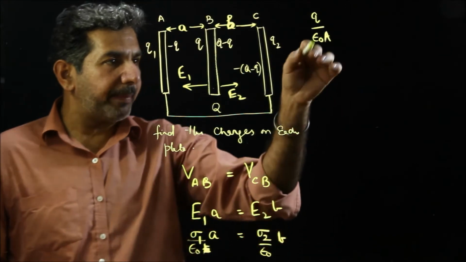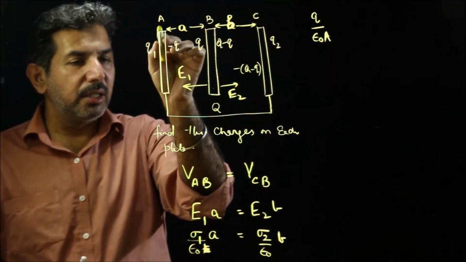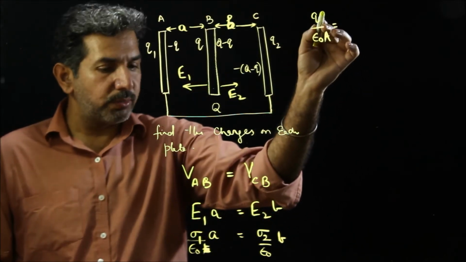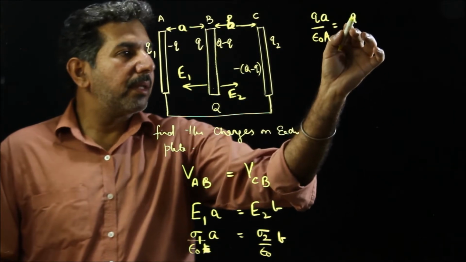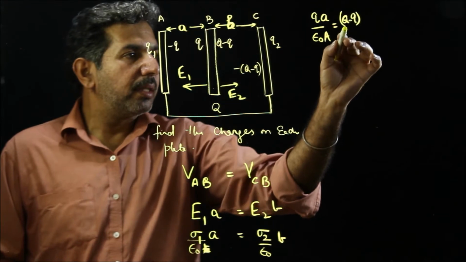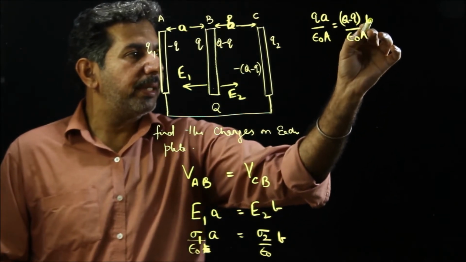Now you can write capital A, that is the cross-sectional area, not small a, the area of this plate, and into small a, and this is in fact capital Q minus q divided by epsilon naught A into b.